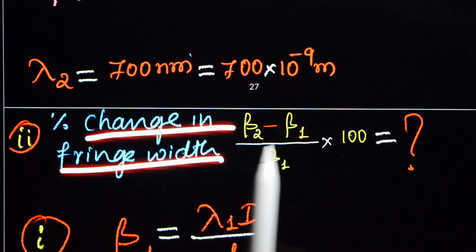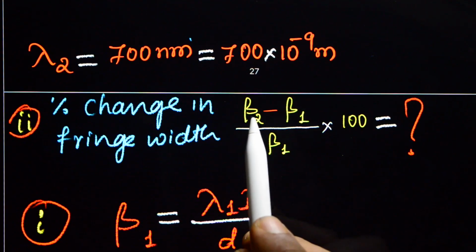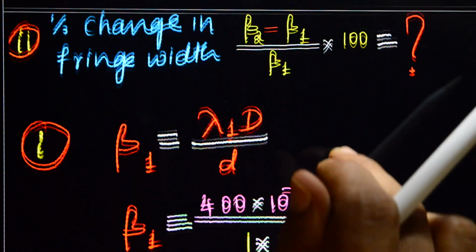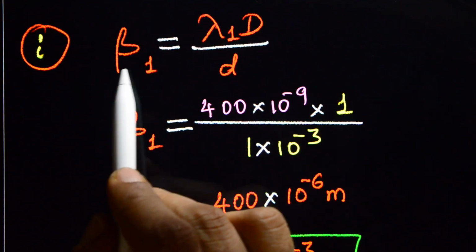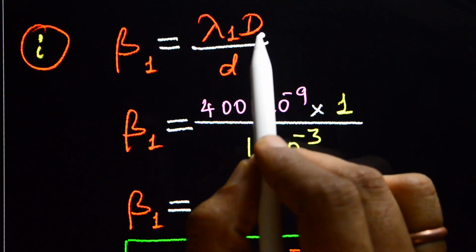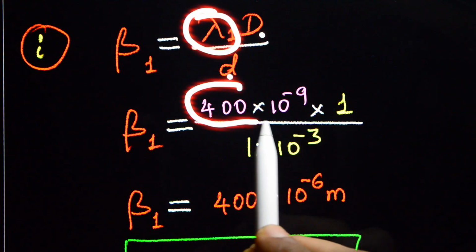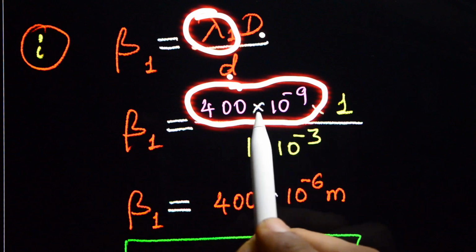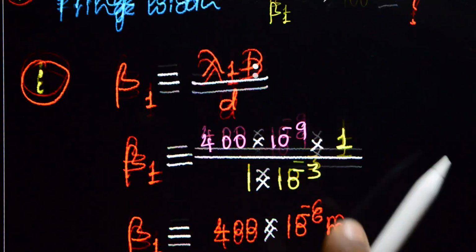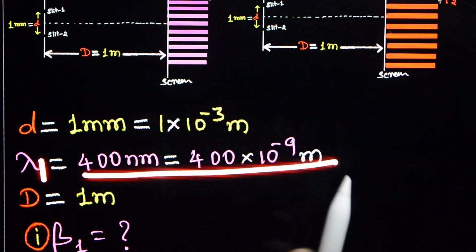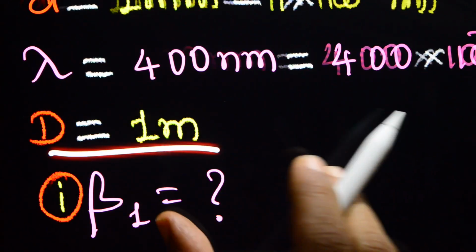Percentage change in fringe width is beta 2 minus beta 1 divided by beta 1 into 100. First we need to find beta 1. Beta 1 is equal to lambda 1 into capital D divided by small d. Lambda 1 is 400 into 10 raised to minus 9, that is 400 nanometer. Capital D is 1.